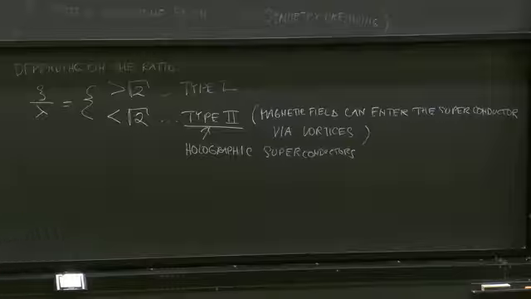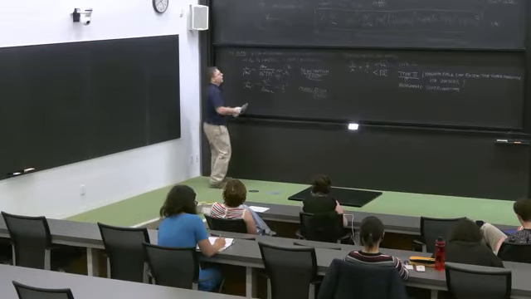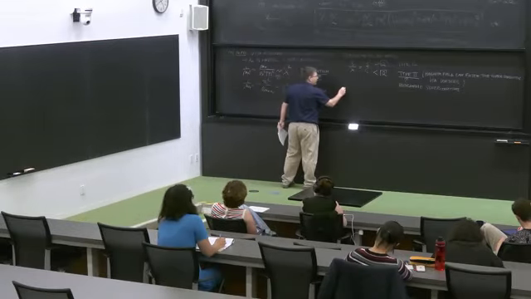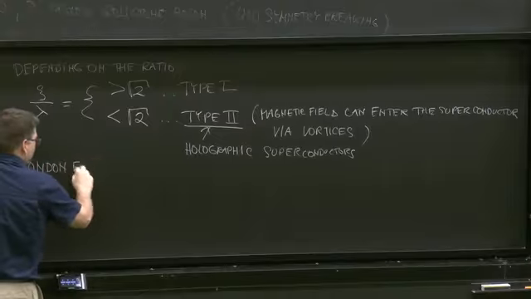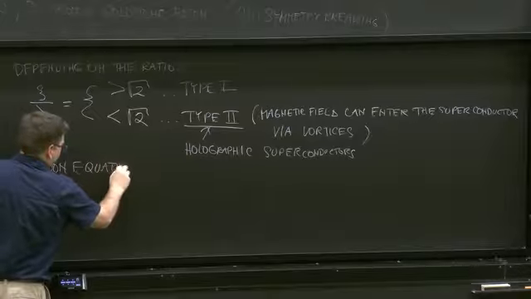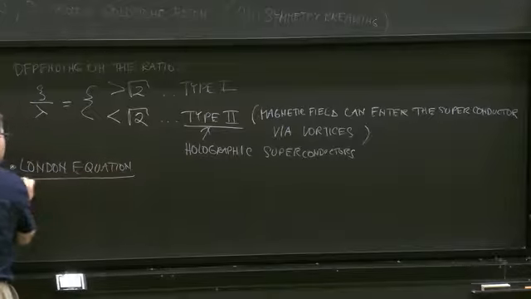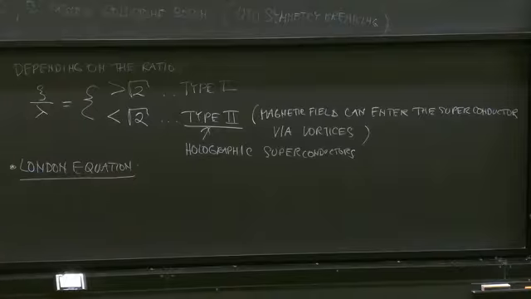Okay, so this is good. One last thing I want to mention is the so-called London equation, which is again a trivial consequence of our star equation over here. Okay, so what is the London equation?